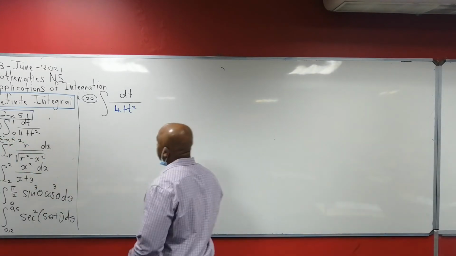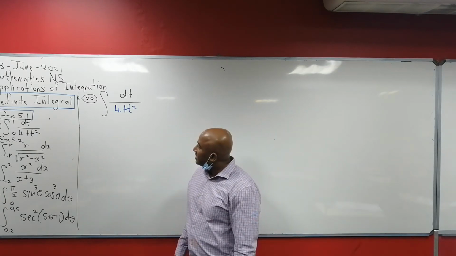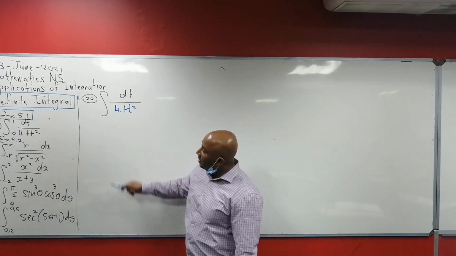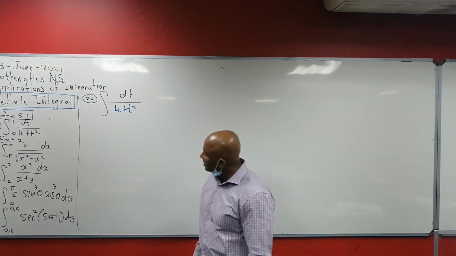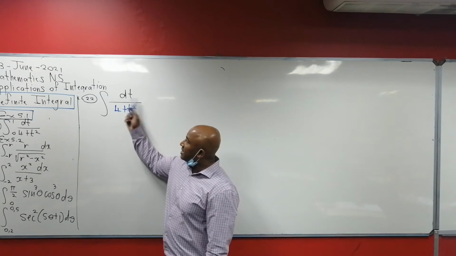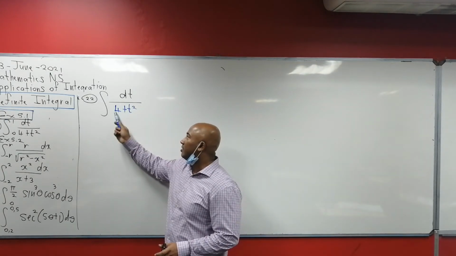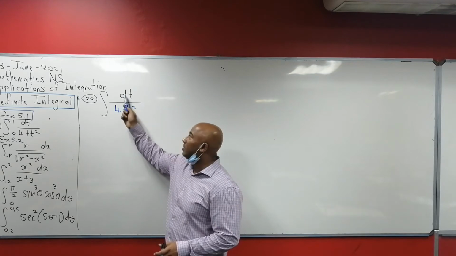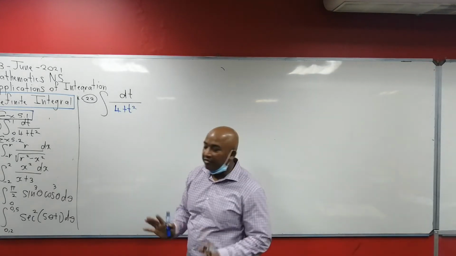Alright, so our next example, number 22 from exercise 5.1. So now, when we look at this, it is a fraction. Right, it's a fraction. Now we are integrating with respect to t. That doesn't really matter. Whether if it was a dx, then this will be 4 plus x squared. If it was dy, then it will be 4 plus y squared. So that is just a variable.